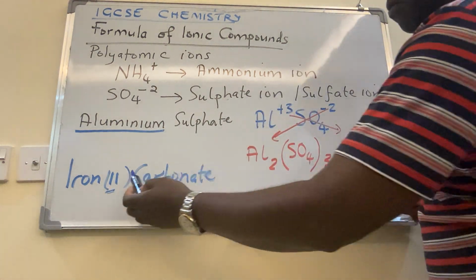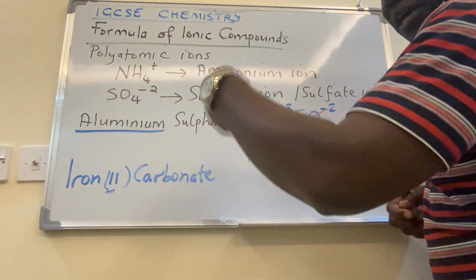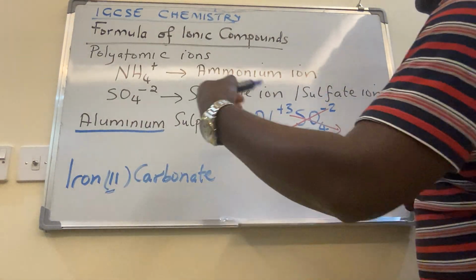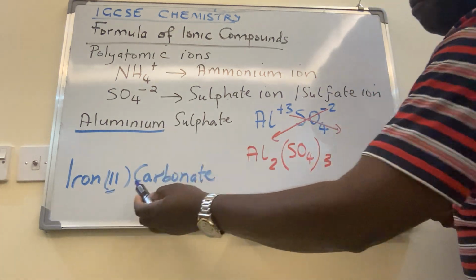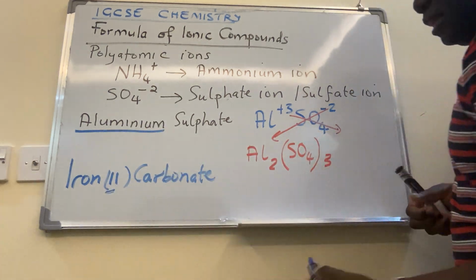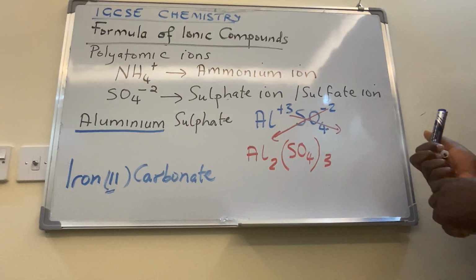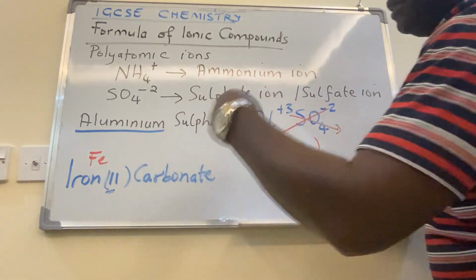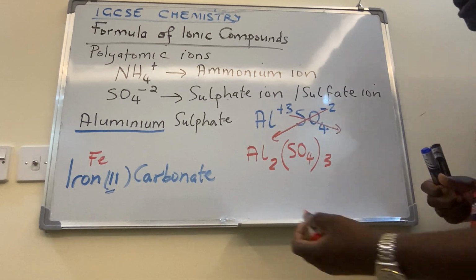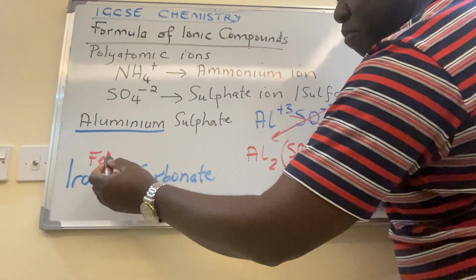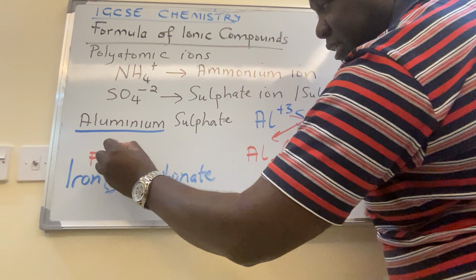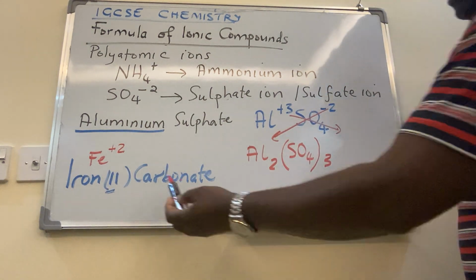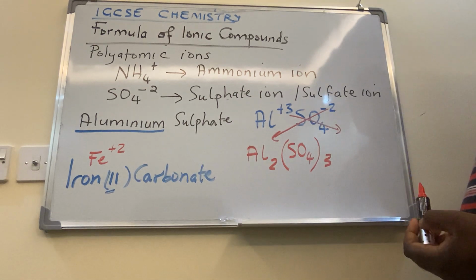If there is a 1 here, it means the charge on iron is +1. If there is a 2, the charge on iron is +2. You cannot use the group-number rule we were using; you use the Roman numeral. If there is a 3, the charge on iron will be +3.